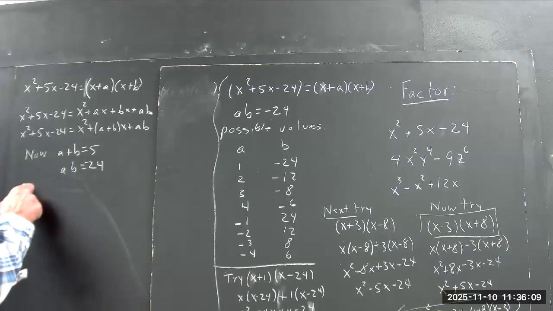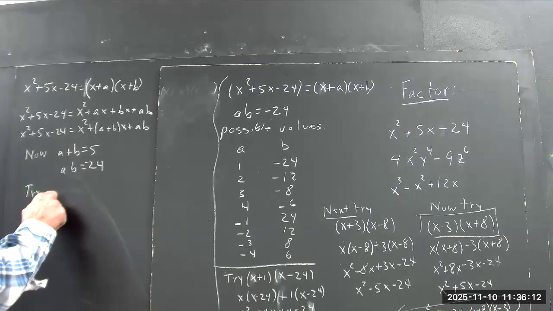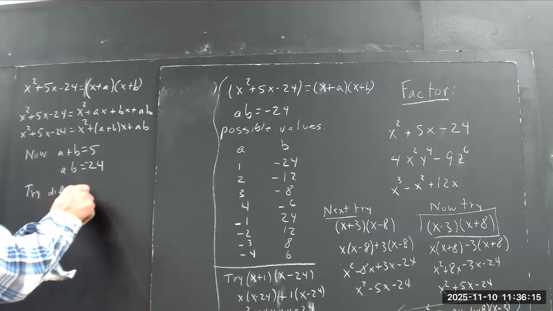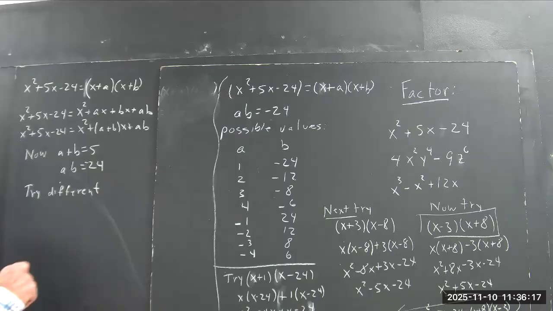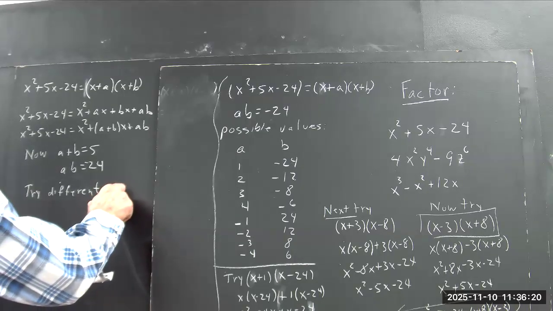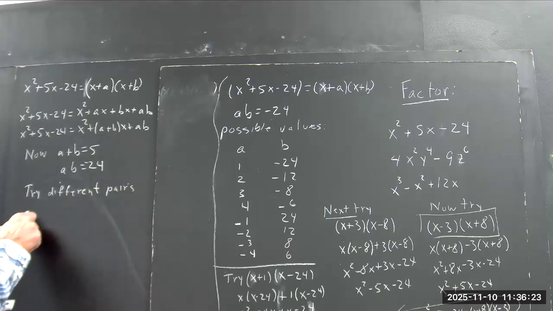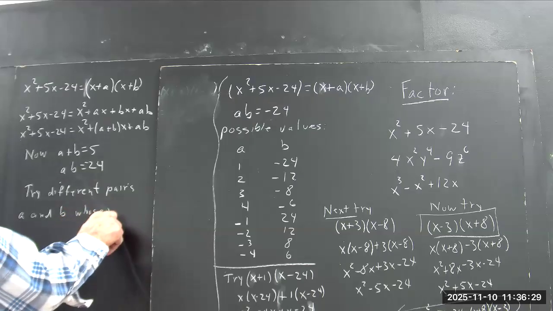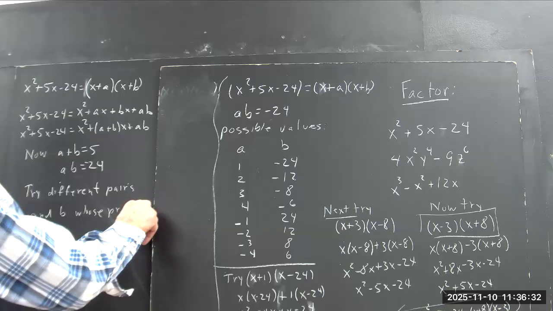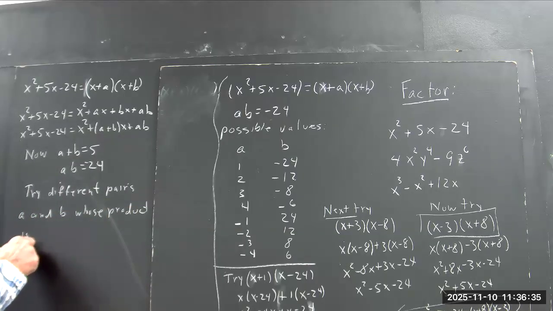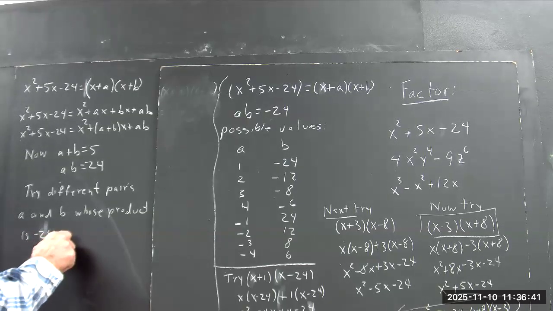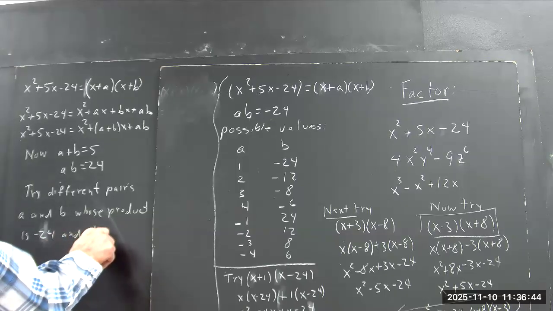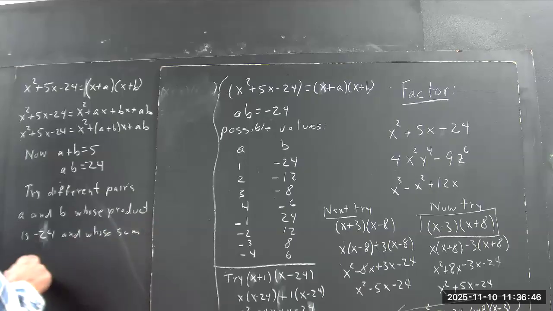Okay, so we try different pairs a and b whose product is negative 24 and whose sum is 5.